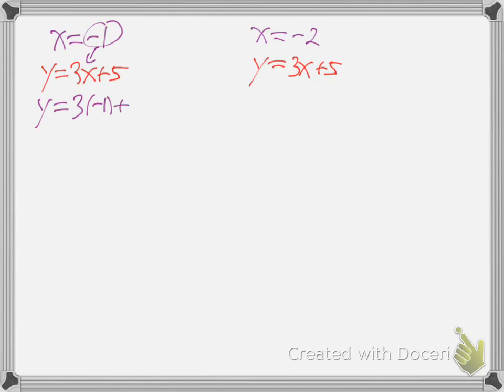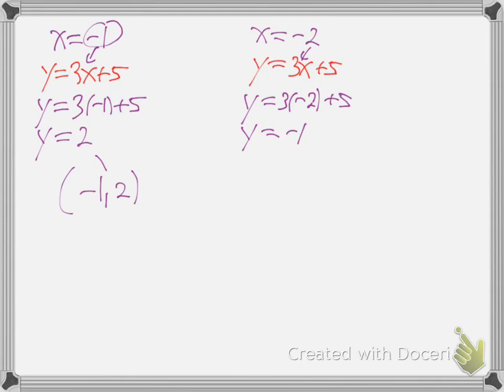Y equals 3 times -1 plus 5. That's 2. Over here, plug in the -2. 3 times -2 plus 5, that's -1. So the answers are (-1, 2) as an x,y pair, or (-2, -1). Those are our two answers.